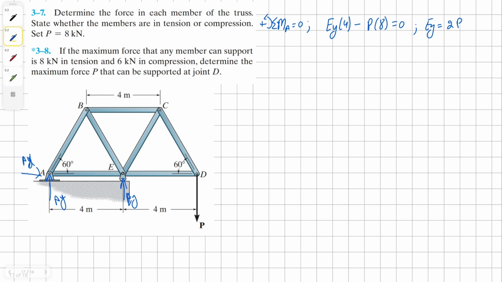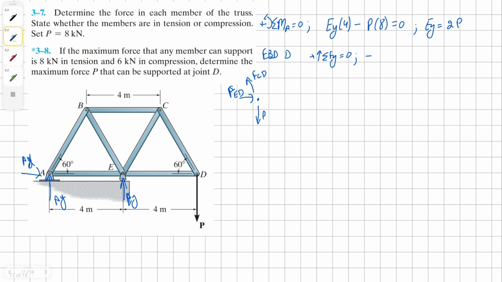Now, just like before, we're going to start with joint D. At joint D, we have external force P, unknown force member CD, and then unknown force at member ED. I'll start with summing the forces in y direction.